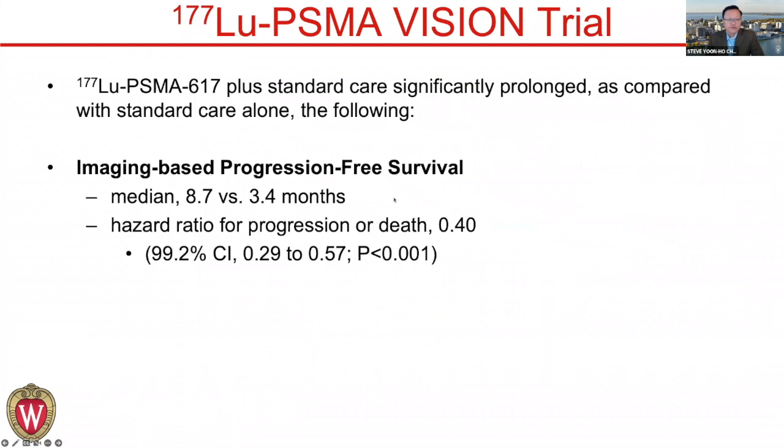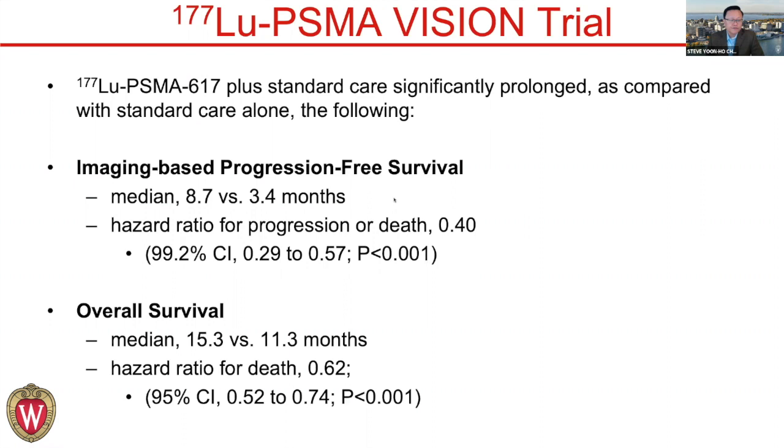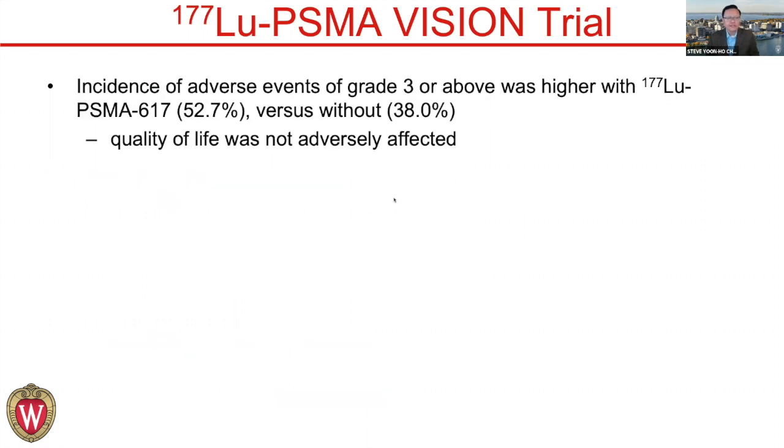Image-based progression-free survival, 8.7 versus 3.4 months. And then overall survival, 15.3 versus 11.3 months. And then the incidence of adverse events was a little bit higher with lutetium-617, 52% versus those on standard of care therapy, which is 38%.